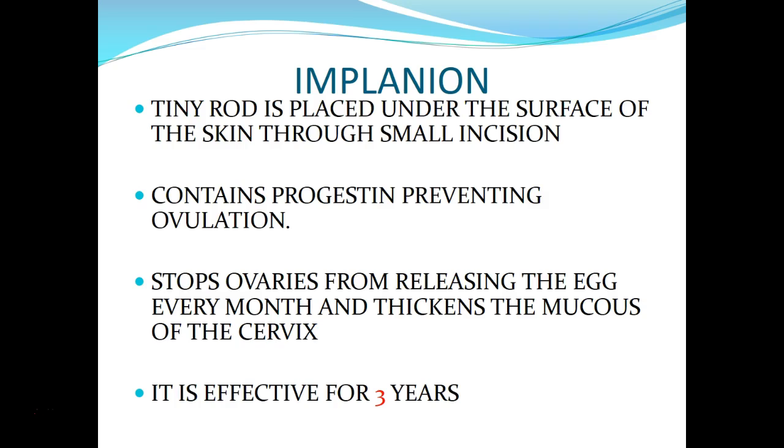It contains a progestin hormone that prevents ovulation. So it stops the ovaries from releasing an egg every month, and it thickens the cervical mucus. And this one is effective for 3 years, and then it has to be taken out, and you have to have another one put back in. And that's a blurry picture, but that's what it looks like. Almost like a little matchstick is about the size of it.